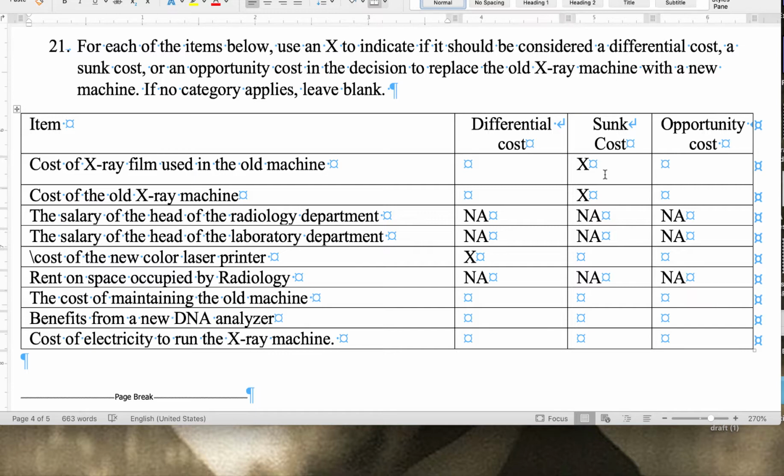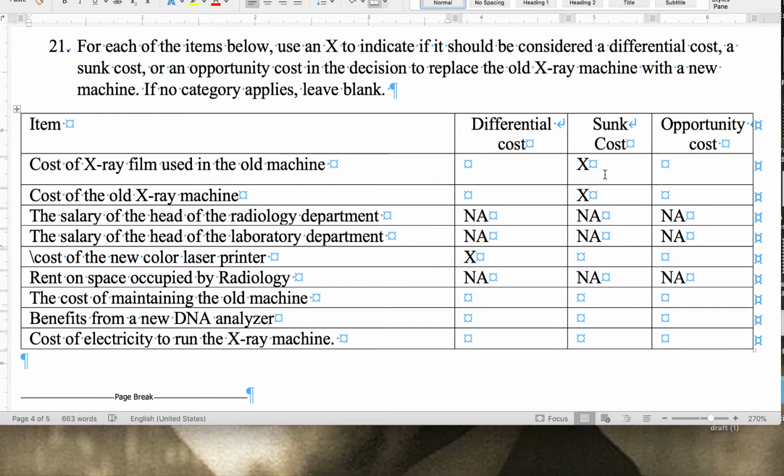Let's look at the cost of maintaining the old machine. So we have a choice. Do we keep the old machine, use it, and maintain it as we go along, or do we scrap that old machine and buy a new machine? This is a differential cost because the cost differs under two scenarios.